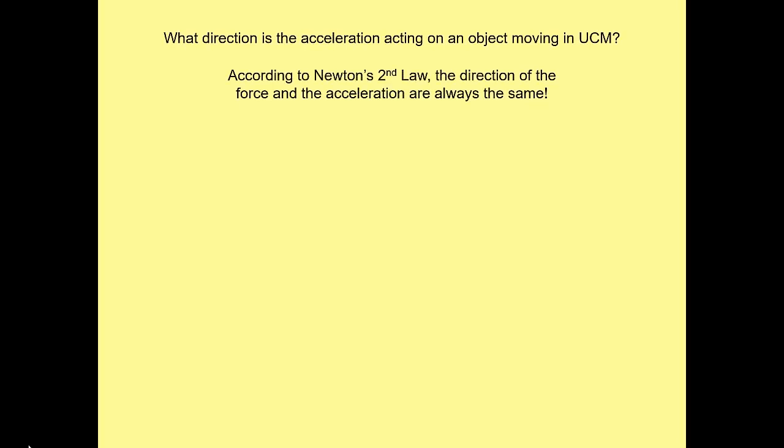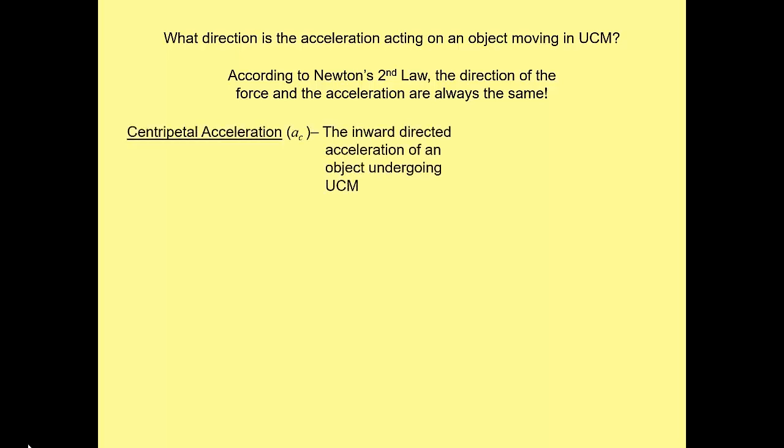Now, you might remember that when we learned about forces and accelerations in Newton's second law, we learned that force and acceleration are always in the same direction. Something accelerates in the direction that you're pushing on it. So that means if the force is inward directed, so is the acceleration.